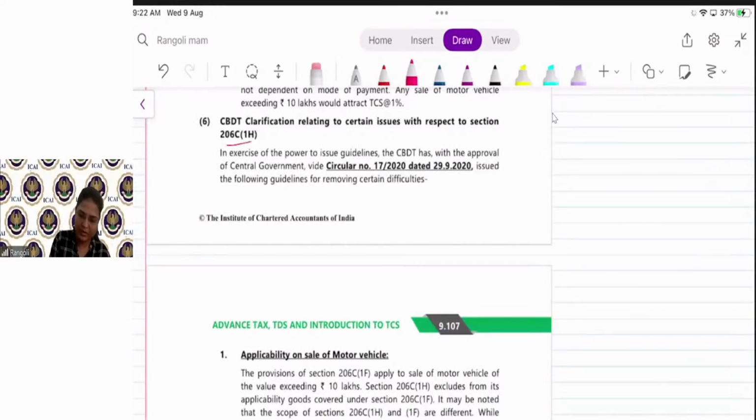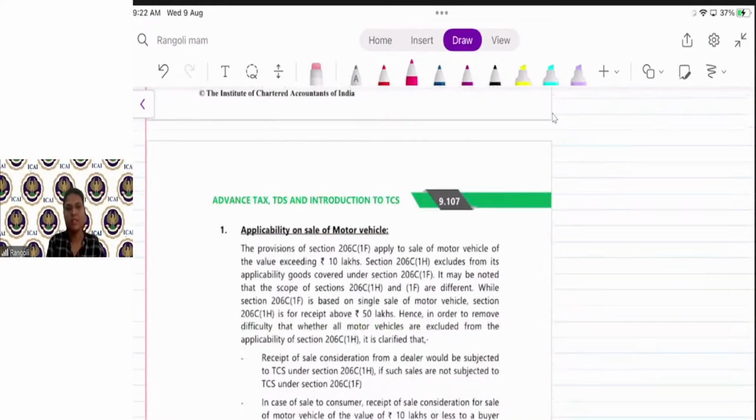Now for 206C(1H), motor vehicle is also a sale of goods, right? So here the specific section 206C(1H) is given, therefore 206C(1F), that is sale of goods with value exceeding 50 lakh rupees, is not applicable.